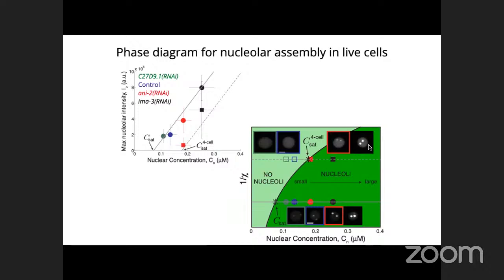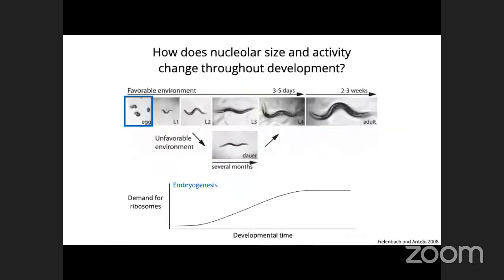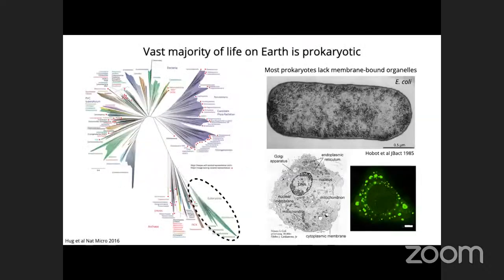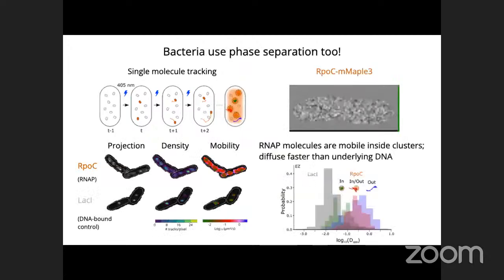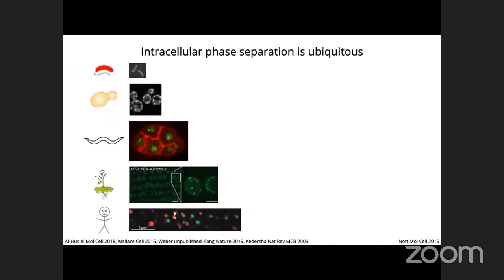Okay, I'm going to jump wildly to the end because I want to give you some context. Intracellular phase separation is ubiquitous. What I didn't show you is, this is the example of the nucleoli in worms. My lab has also found phase separation in bacteria, which I think is super exciting.